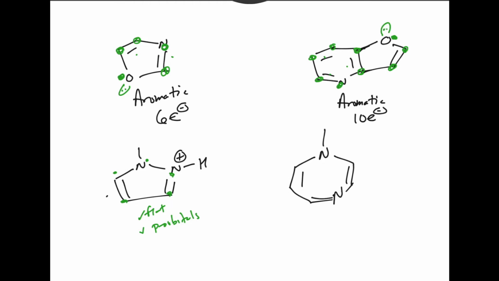And I've got 2, 4, and then lone pair on nitrogen makes 6. So that's 6 electrons again. So aromatic. Yeah, so I get 2 from this double bond, 2 from this double bond, and then 2 from that nitrogen, counting the lone pair on the nitrogen.